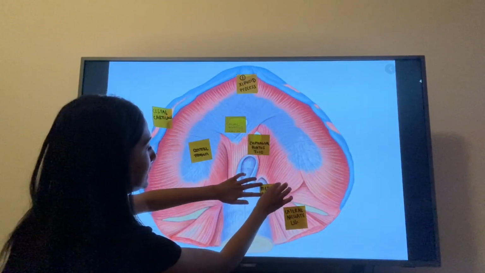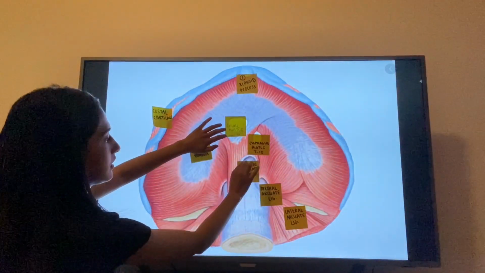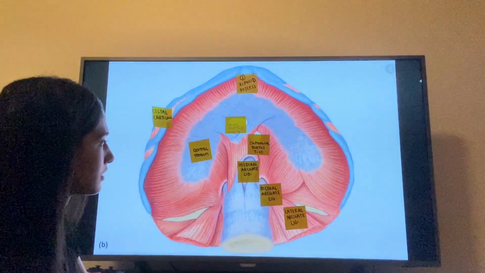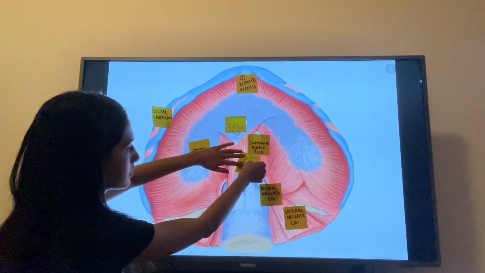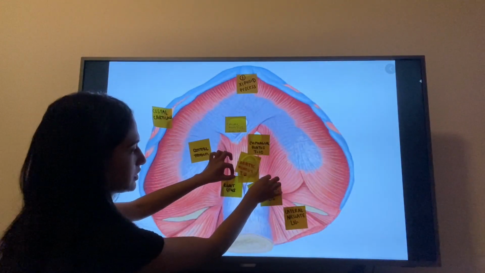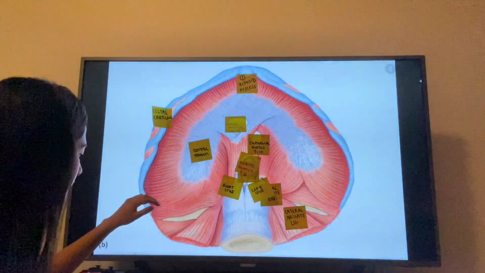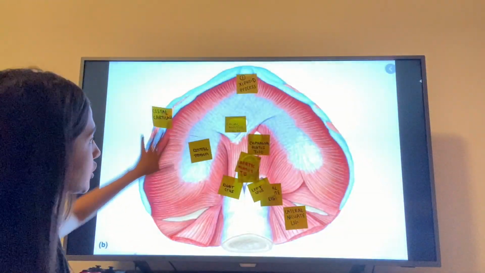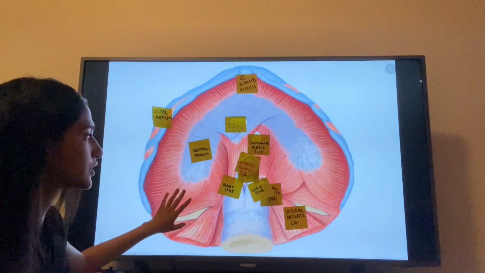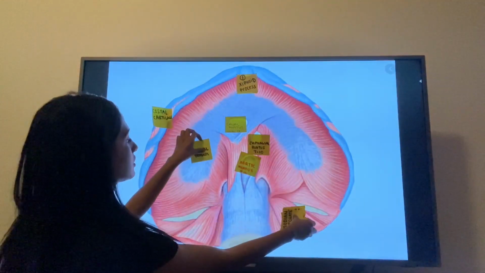Here is the medial arcuate ligament, and here is the median arcuate ligament. And on top of that would also go the aortic hiatus, the left crus would go here, and the right crus would go here. These are some of the important anatomical structures that you need to know for the exam for sure. Let me show you more pictures.